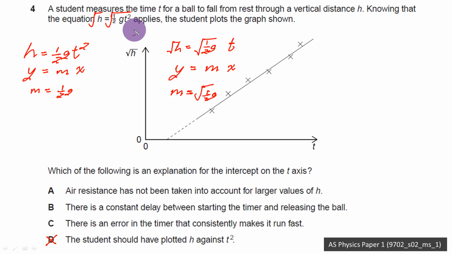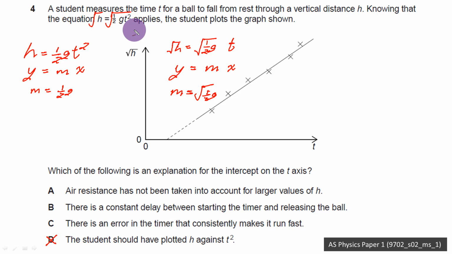Now, where readings have to be made manually, it has to be accepted that there will be a delay between the experimenter observing an event and starting a stopwatch. This delay is referred to as the reaction time. The effects of reaction time may be reduced by starting and stopping the watch to the same stimulus, or making the time interval between starting and stopping the watch as large as possible.